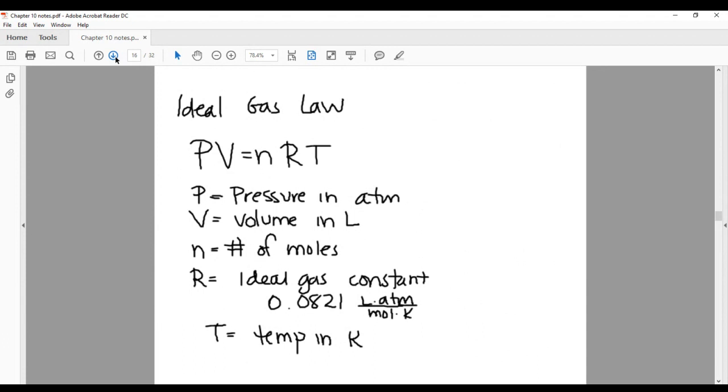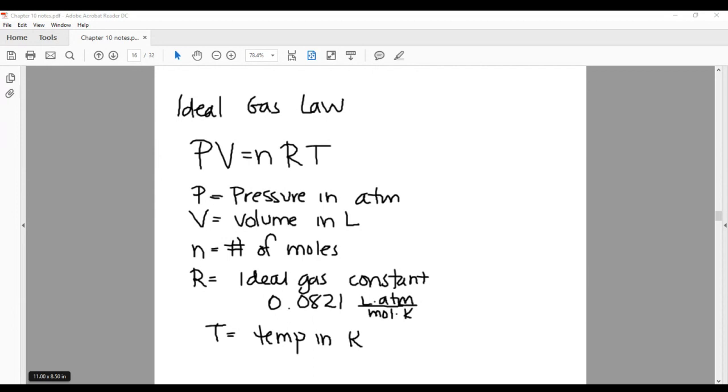You'll notice pressure has to be in atmospheres, volume in liters, of course, number of moles will be mole, and then temperature has to be in Kelvin. And the reason why we have to use those particular units is because of the units that we see in our ideal gas constant. Okay.